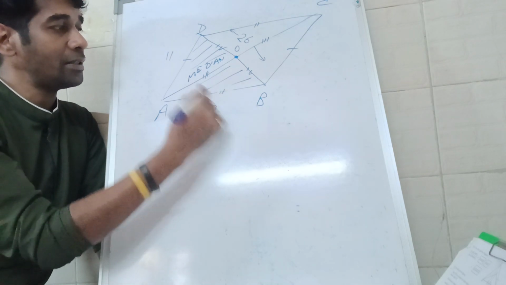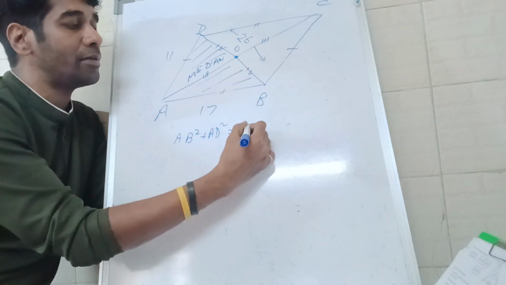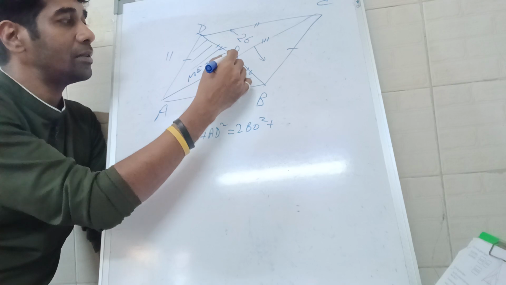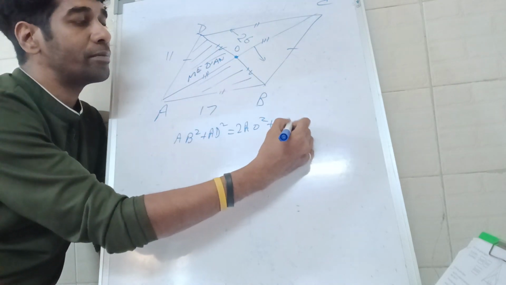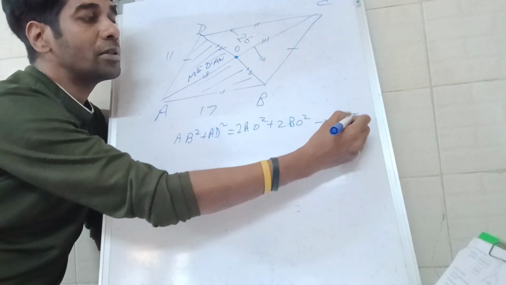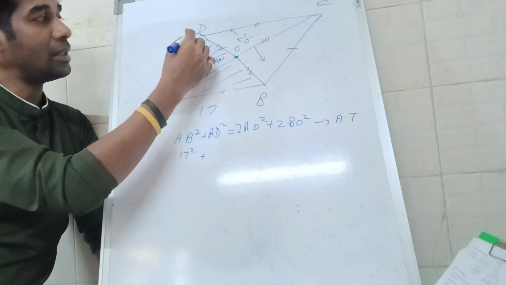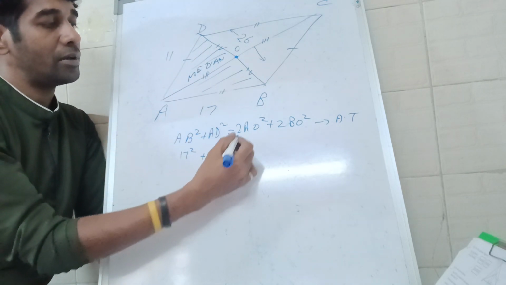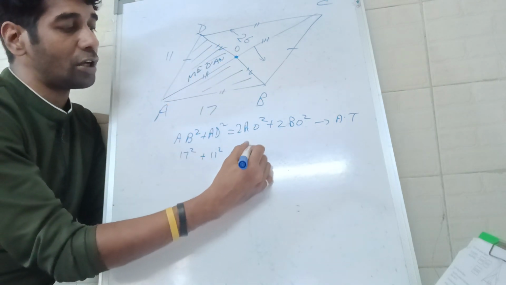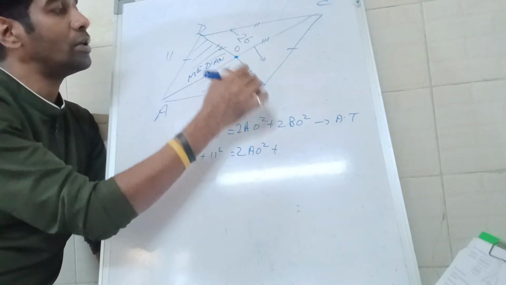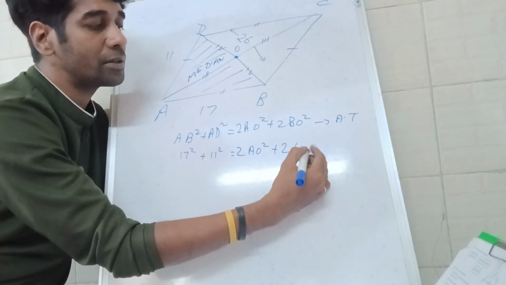Now I will get here AB square plus AD square is equal to twice BO square plus twice AO square by Apollonius theorem. AB is 17, AD is 11, AO is not known, BO is half of 26.